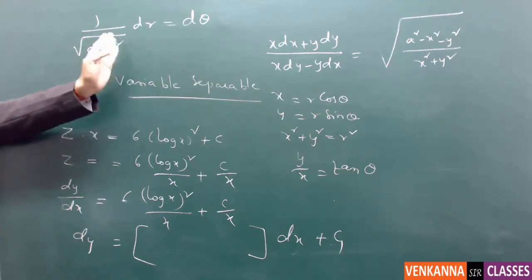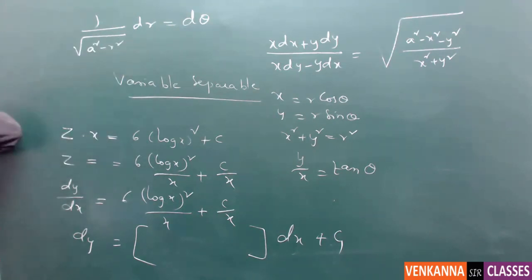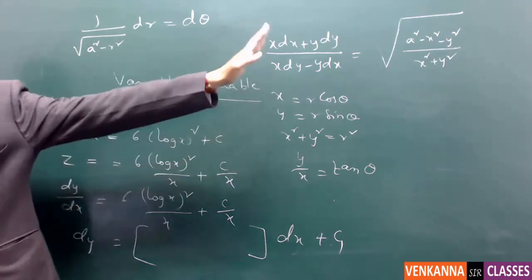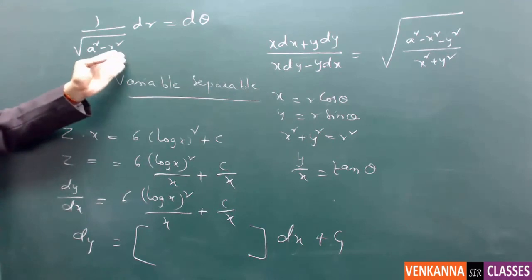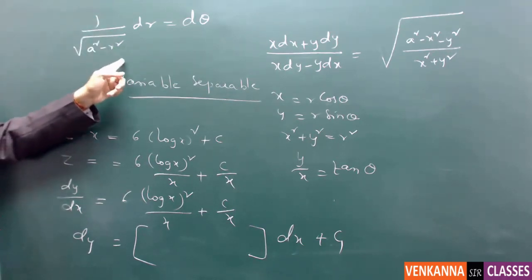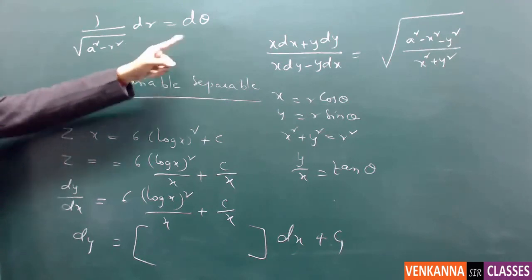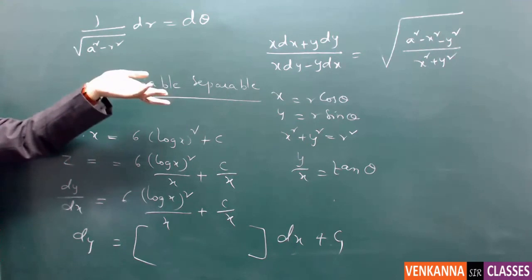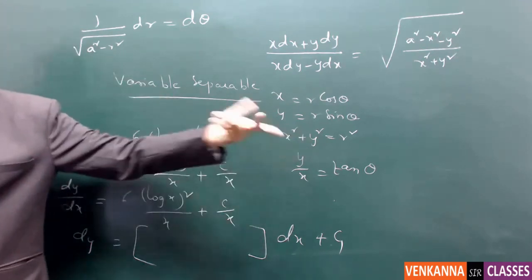Straight away you can integrate that. Fine. Substituting these values, simplifying the whole terms, you are going to get the thing like this. 1 by square root of a square minus r square into dr is equal to d theta. So in the end, in place of r square, we substitute this value. That's it.